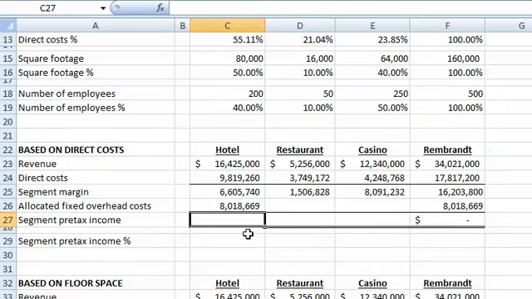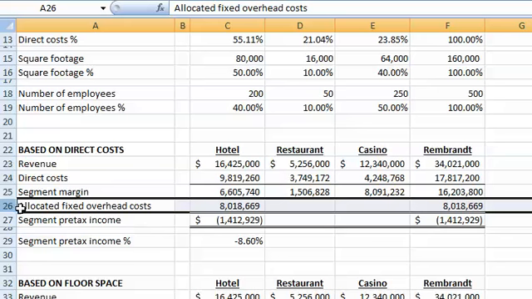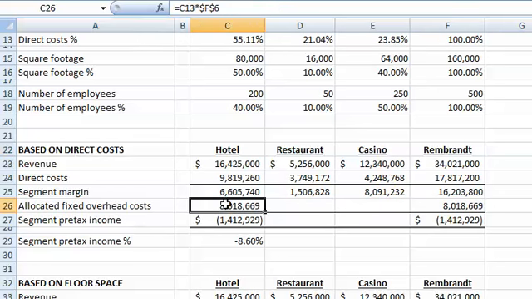That gives us a pre-tax segment income of $6 million minus $8 million, a loss of $1.4 million, or a segment margin on a percentage basis, $1.4 million divided by 16, of negative 8.6%. So we're losing money on our hotel, it appears, based on our allocation of fixed overhead using direct costs as our allocation base.